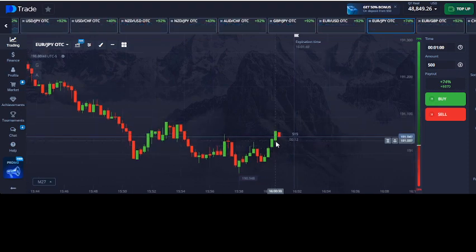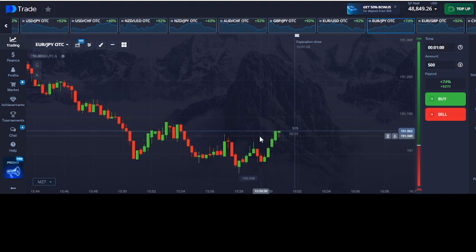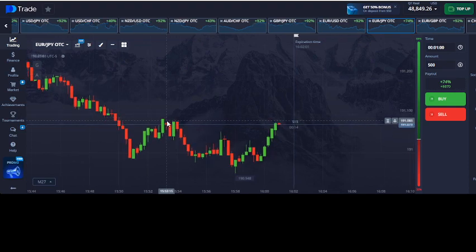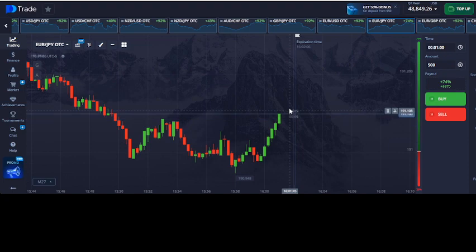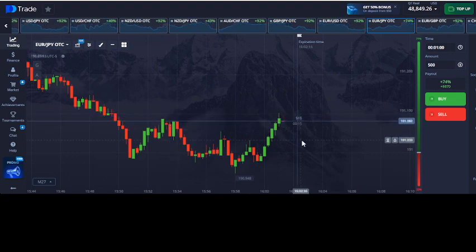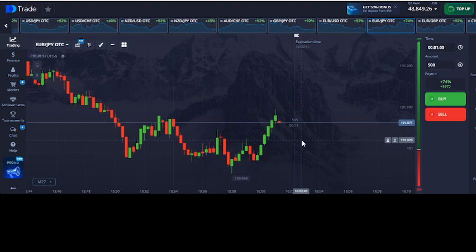So let's see if a bullish trend is in the making here. If the candles can break this level of resistance coming up and a gap forms. Okay, so it broke. Seems like it's breaking that level of resistance. Let's watch this and see if maybe a gap might form.